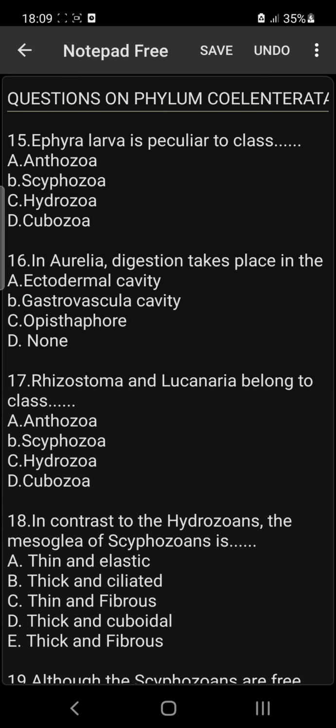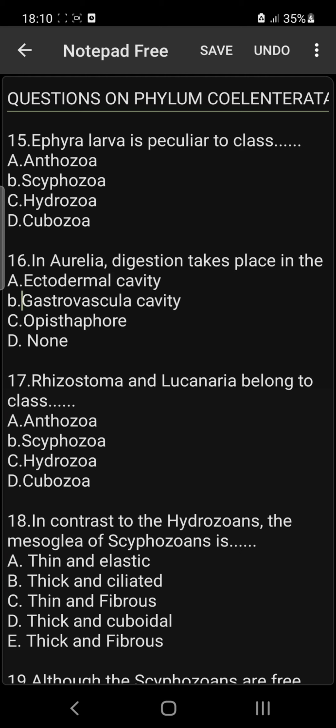Number 15. Ephyra larva is peculiar to class Scyphozoa, B. Number 16. In Aurelia, digestion takes place in the gastrovascular cavity. This gastrovascular cavity is lined by the gastrodermis. In general, the coelenterates are diploblastic.